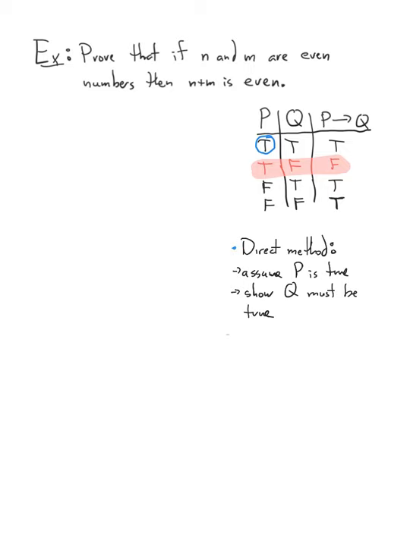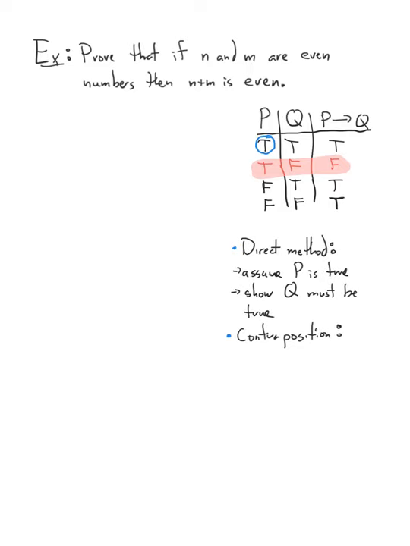I'm going to talk about the other methods just quickly. We won't see them too often. We might a little bit later in the course. But the other ones, well, this one is called the method of contraposition. And it's kind of a related idea.